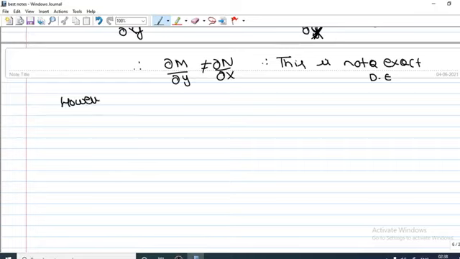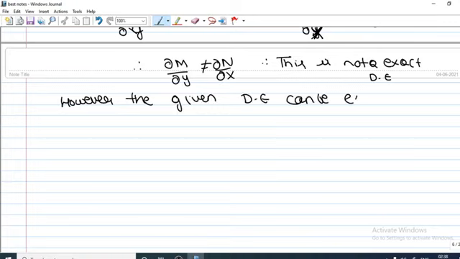Therefore, however, the given differential equation can be expressed in which format?